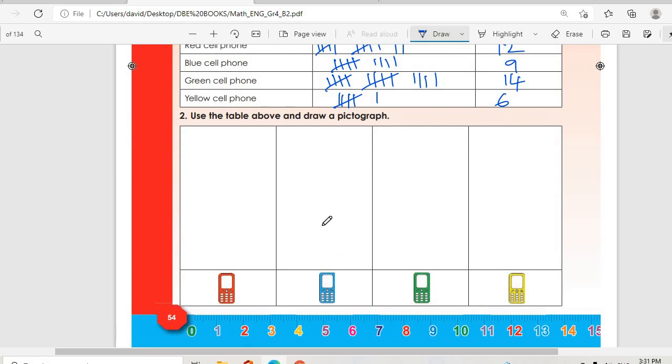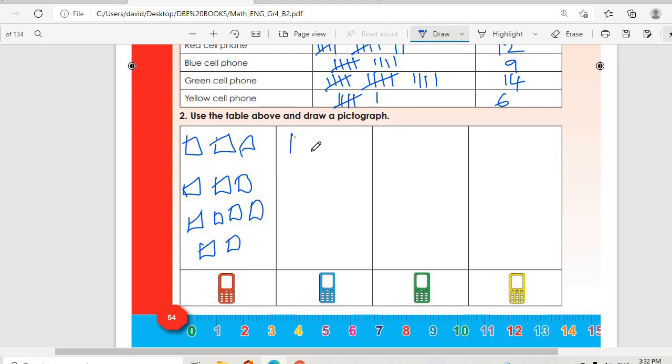It is tallying. On the pictograph, they are saying use the table above and draw a pictograph. Which means we have 12 red phones, 1, 2, 3, up to 12. Then the blue ones are 9, 1, 2, 3, up to 9.